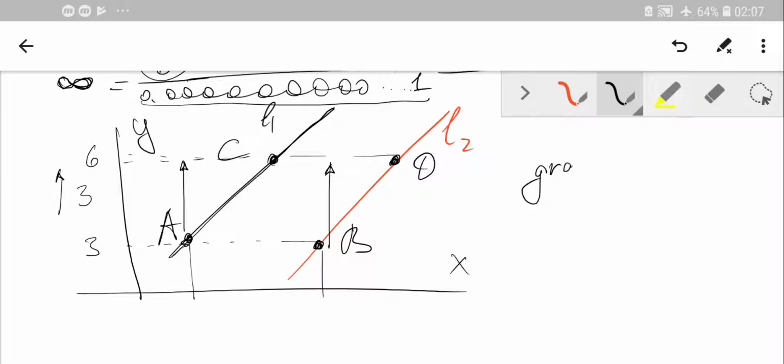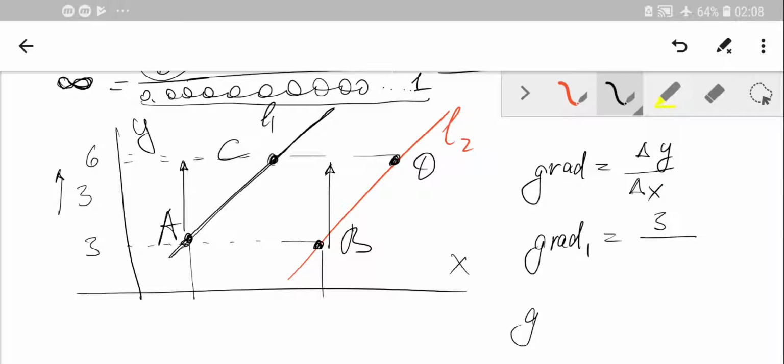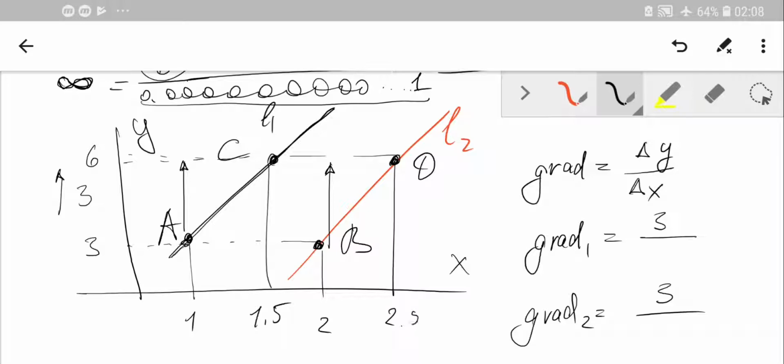In order to define gradients, we simply apply the formula again. If we want to calculate gradient 1, it will be 3 as the change in y. For gradient 2, we have the top identical, so 3. Now let's see the change in x. Let's say this is 1 and this is 2, and for C and D we'll have 1.5 and 2.5.